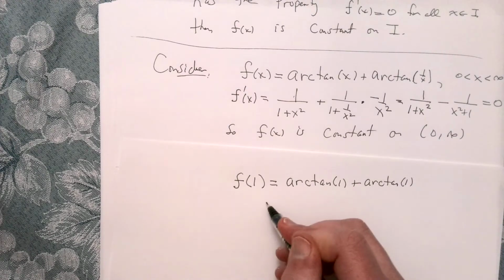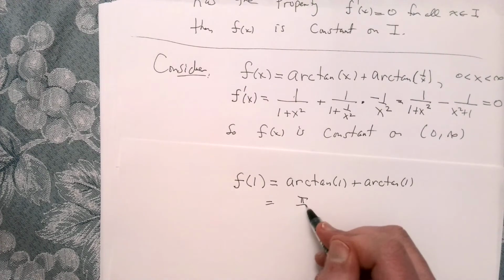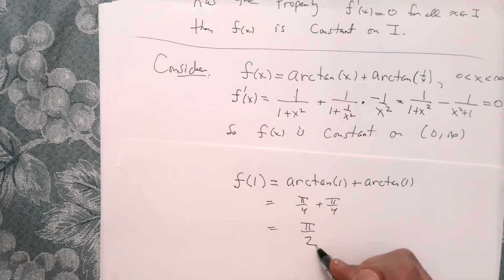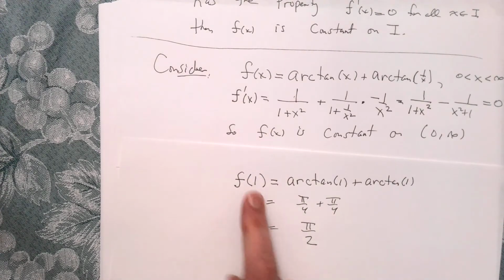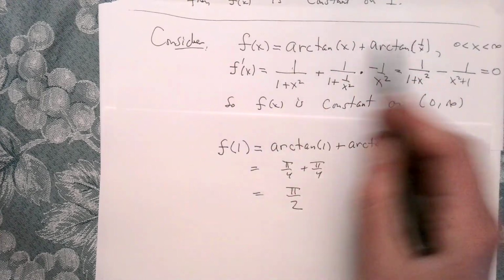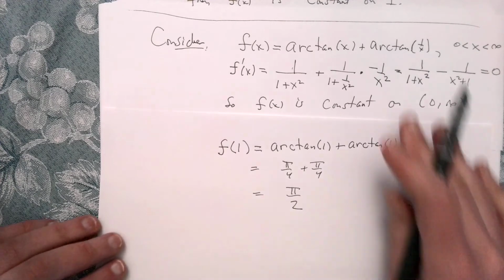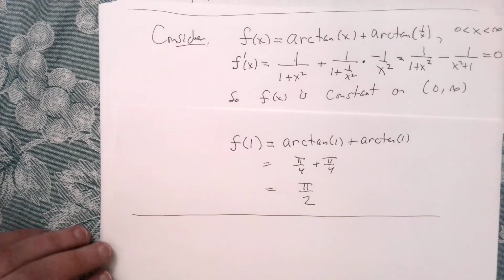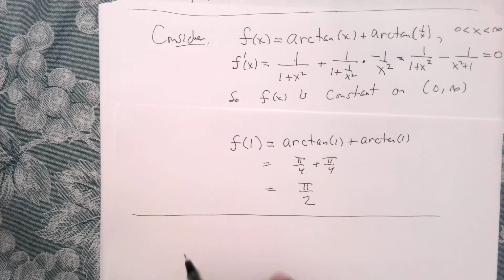But we know that the arctangent of 1 is pi over 4, so this is pi over 4 plus pi over 4. And so this is pi over 2. So I know for any input, because this is a constant function, it yields the same value, that I can actually consider x equals 2.